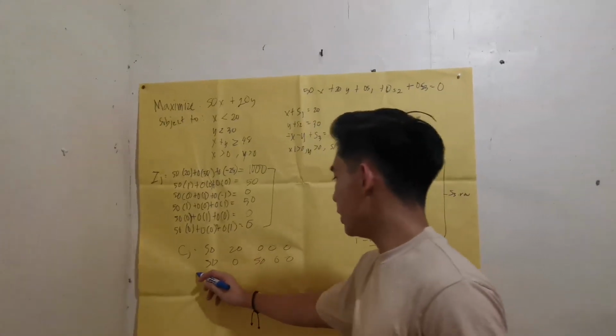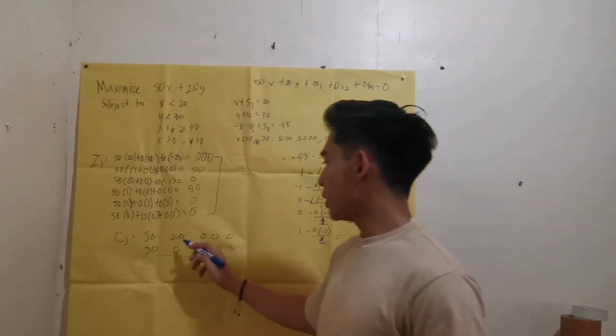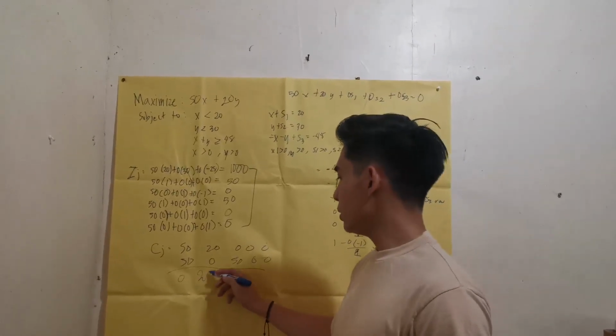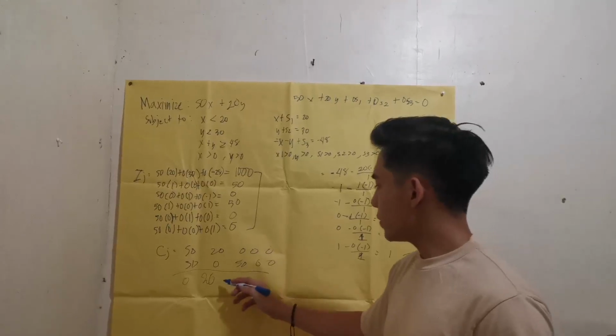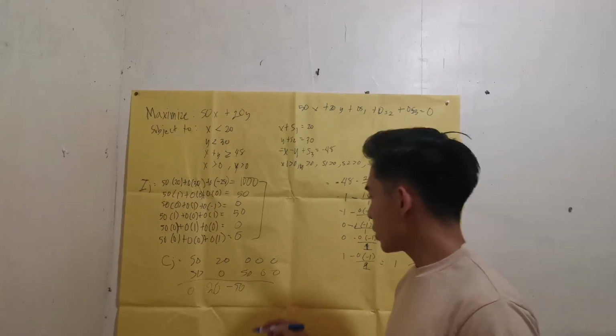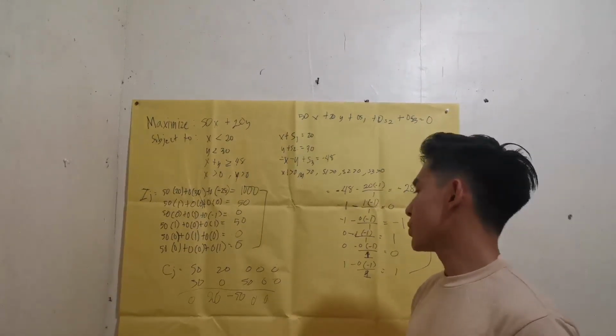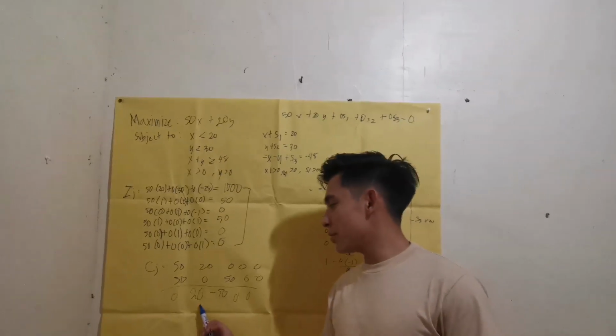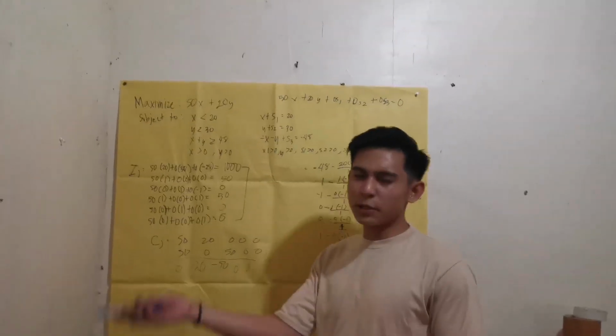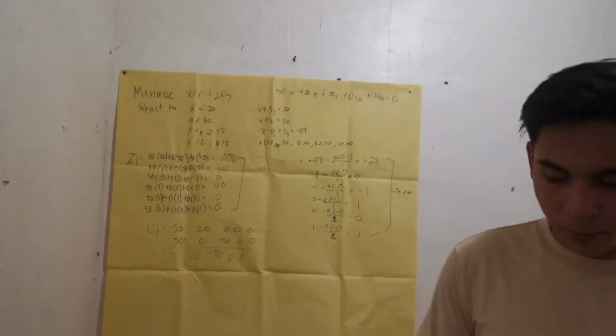So 50 minus 50 is 0. 20 minus 0 is 20. And 0 minus 50 is negative 50. Then 0 and 0. As you can see, there's a positive value again. So we go back to step 3.